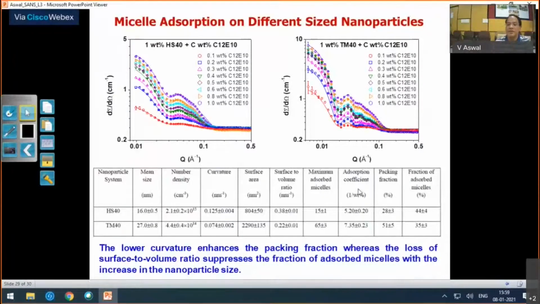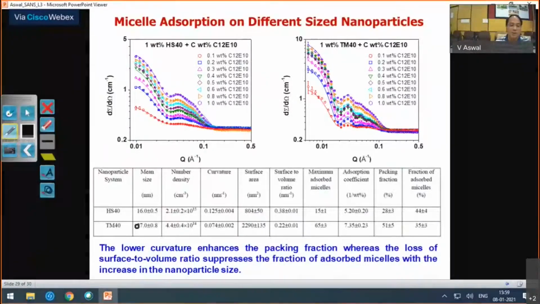And then these are the adsorption coefficients from the adsorption isotherm. The packing fraction is very high for the larger particles because of the curvature effect. But the fraction of adsorbed micelles decreases when the size is increased, and this is because of the surface to volume ratio.